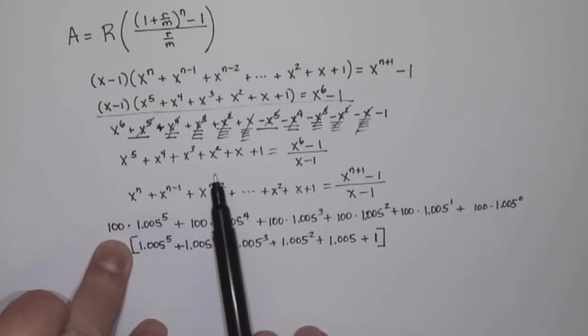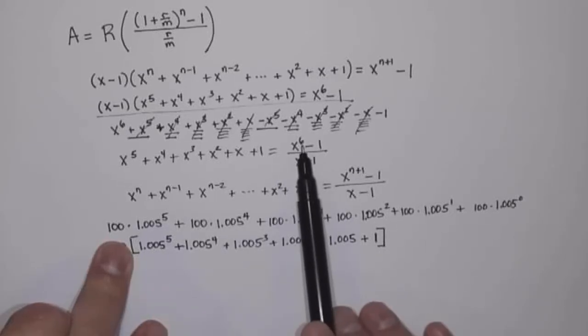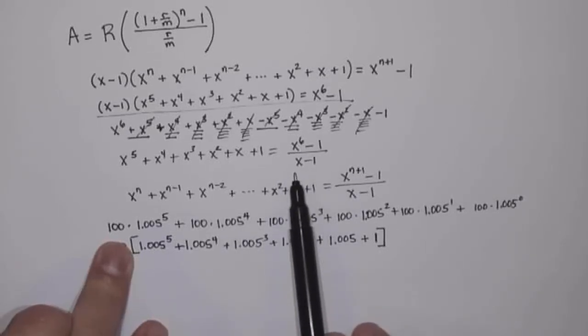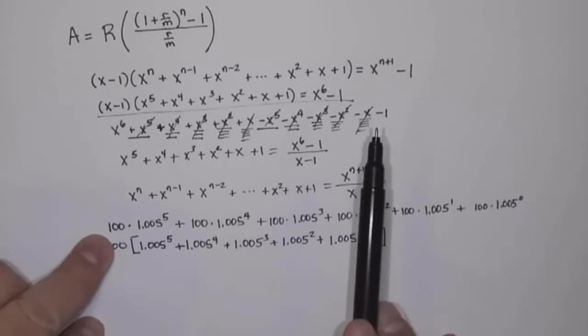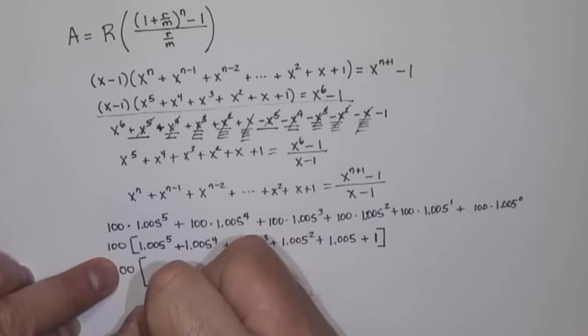So by what we just said right here, this should equal 1.005 raised to the 6th power minus 1 over 1.005 minus 1. Now I still have this 100 times it. So I have 100 times.